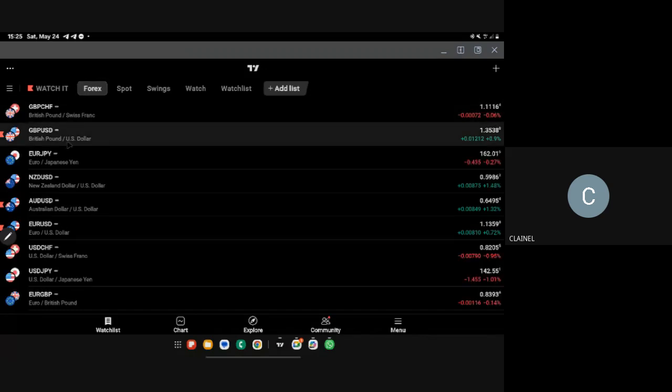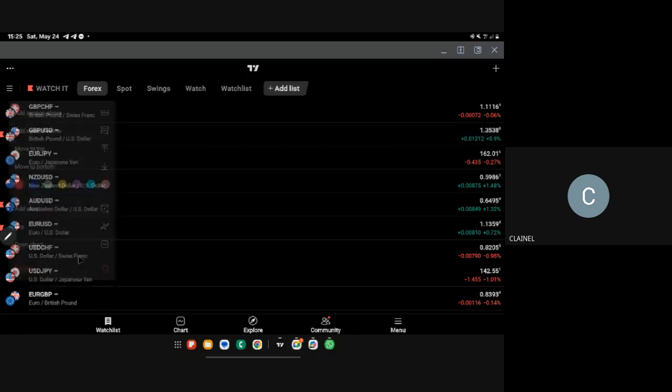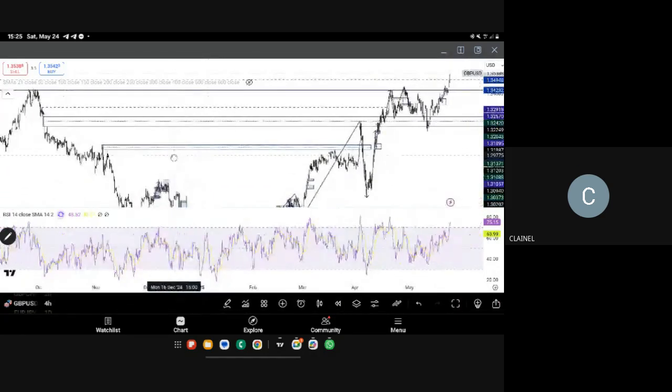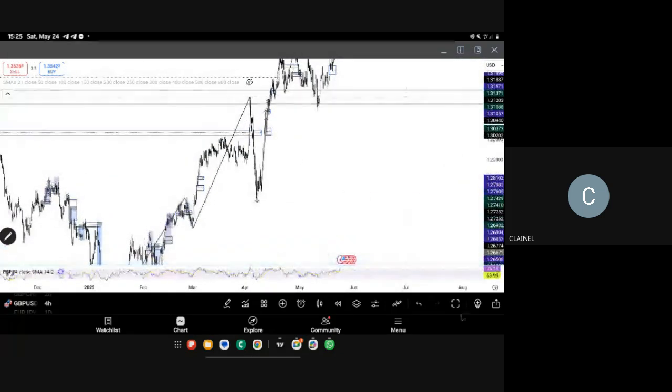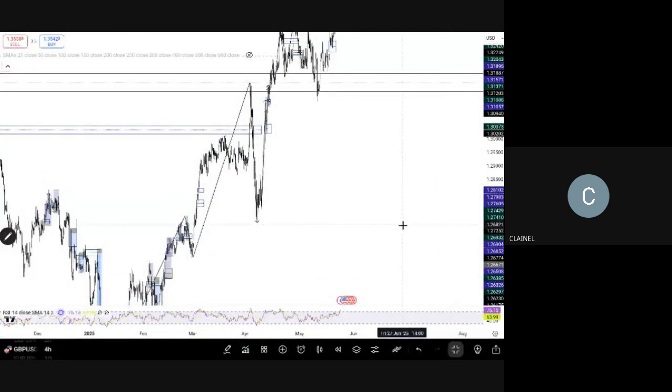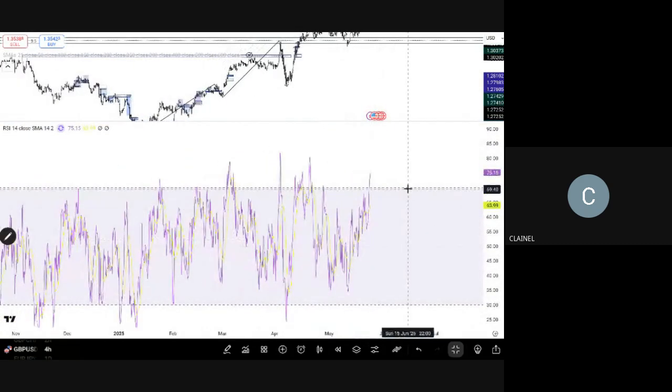Okay, this is the forex market charts. Let's look at GBP USD. Here in GBP USD, this is your RSI indicator right here.